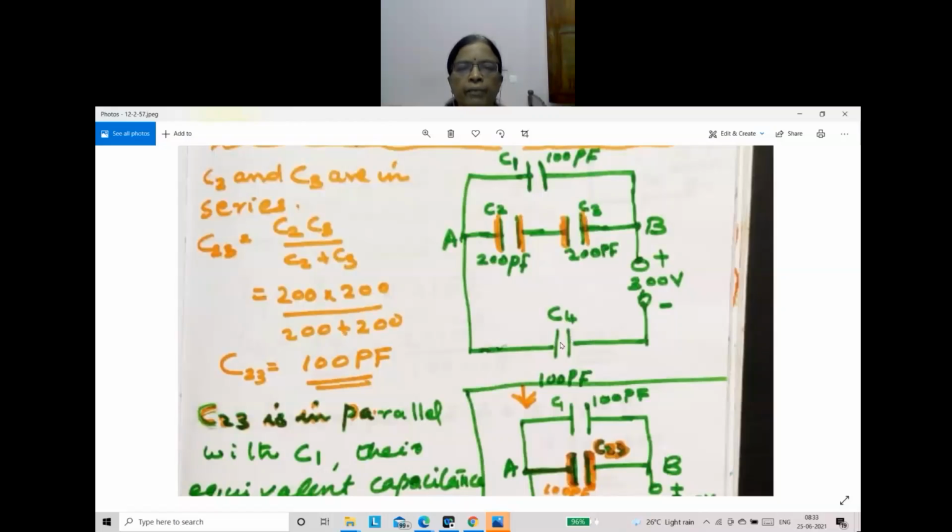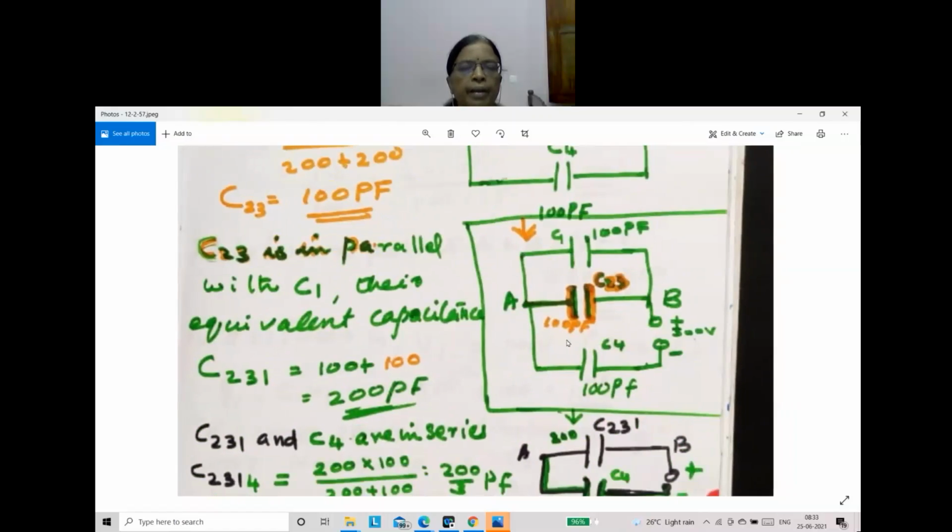So C23 and C1 we have to consider they are in parallel. I named it C231, C23 and 1, C231 in parallel, 100 plus 100, 200 picofarad.